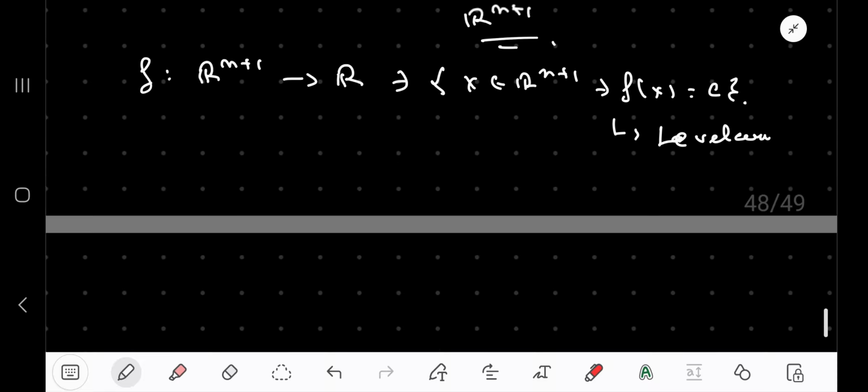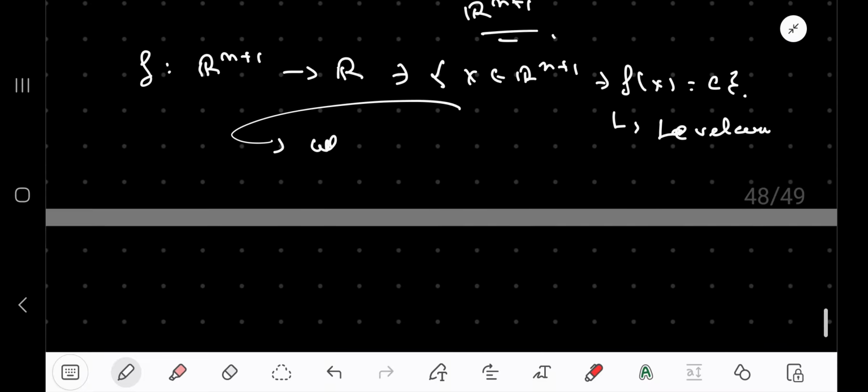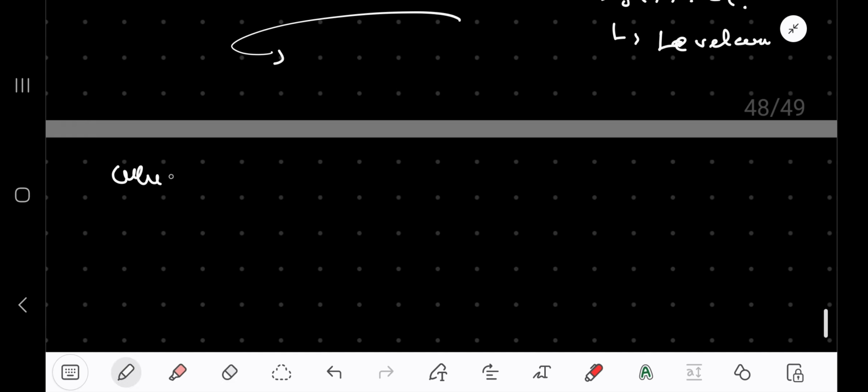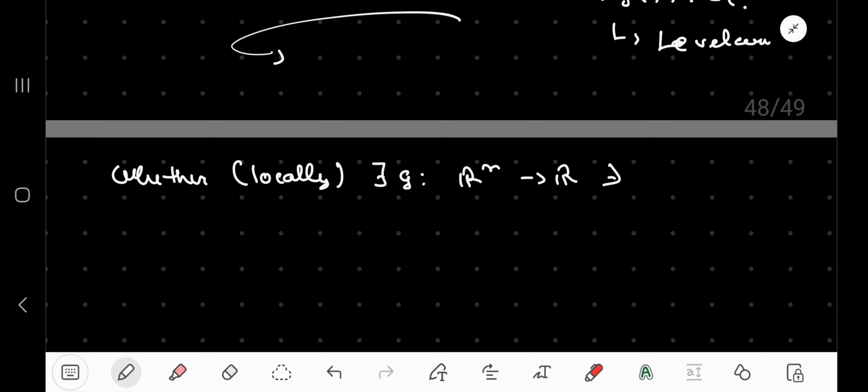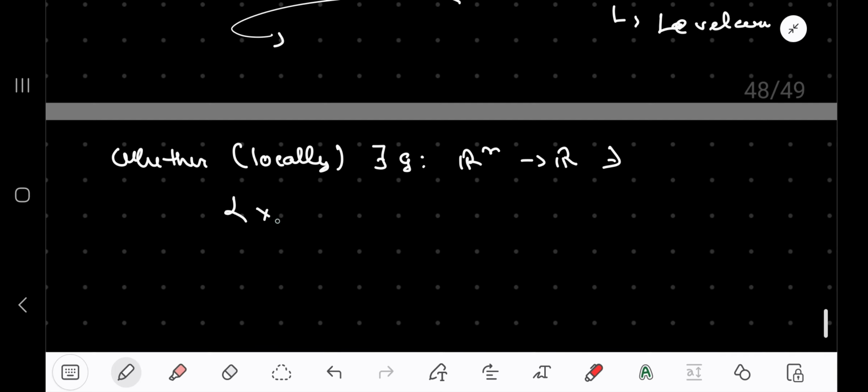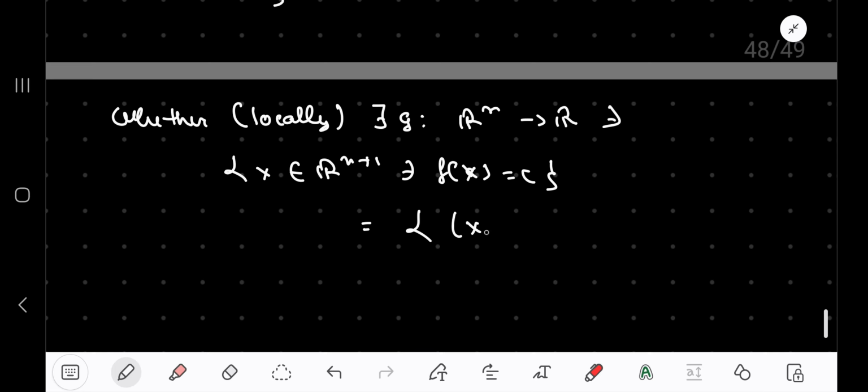So the question immediately arises whether locally there exists some function g from Rn to R such that this level curve, the set of x in Rn+1 such that f(x) equals c, is actually the graph (x, g(x)) where x comes from Rn.